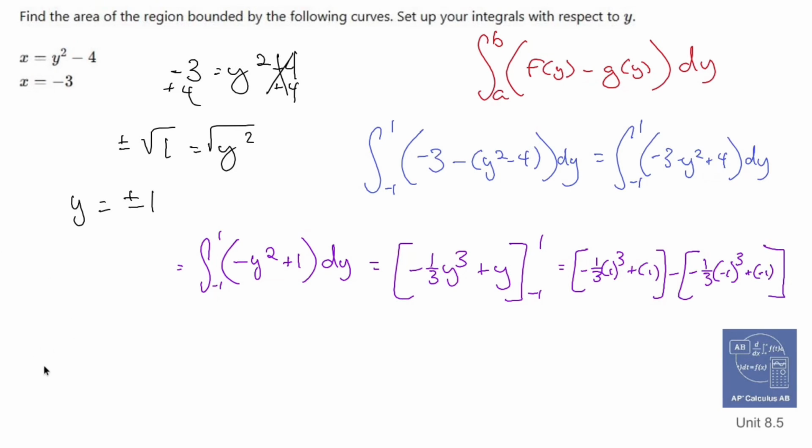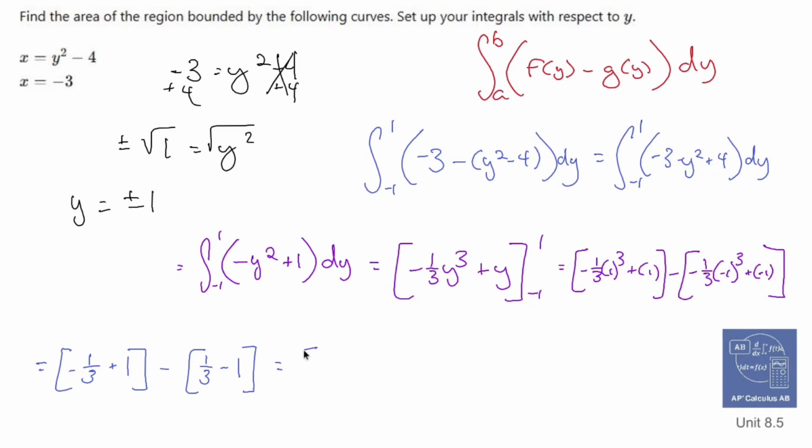Now it's just a matter of doing some simplification. Negative 1/3 times 1 cubed is going to be negative 1/3. 1 cubed is 1, plus 1, minus negative 1/3 times negative 1 cubed, which is negative 1/3 times negative 1, which is positive 1/3. And then I'm going to have minus 1. Like so.